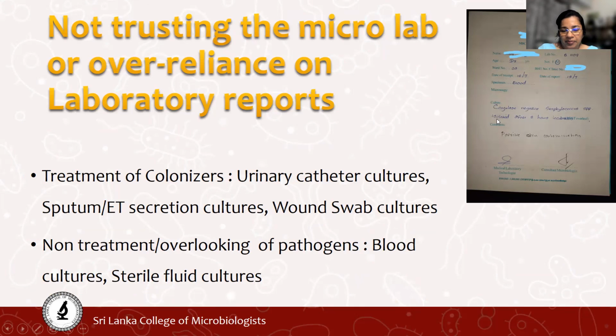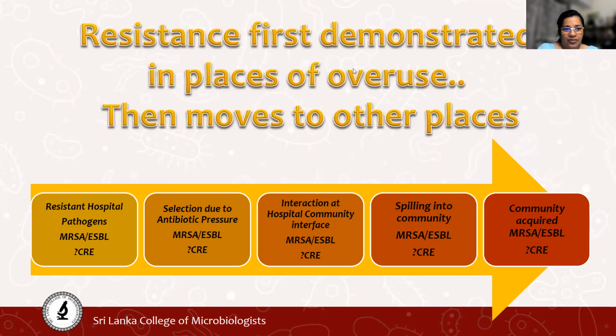And if you suspect the patient has an infection, you can repeat the blood culture. Or treating colonizing flora, like in urine of catheterized patients, sputum, wound swab cultures, and even the dangerous one, not treating pathogens like positive blood cultures and sterile fluid cultures.